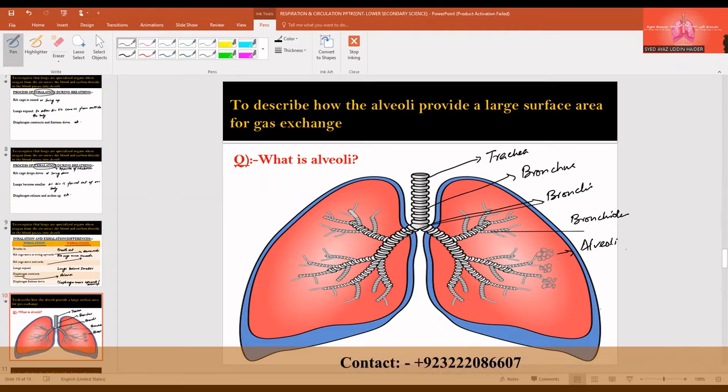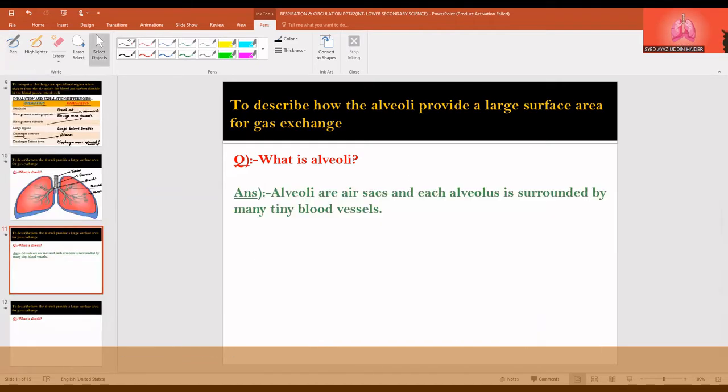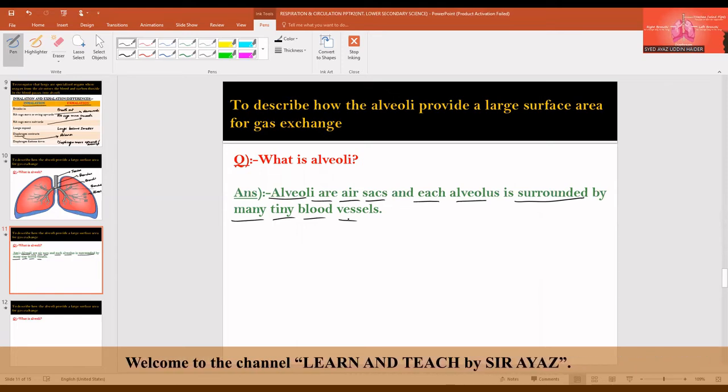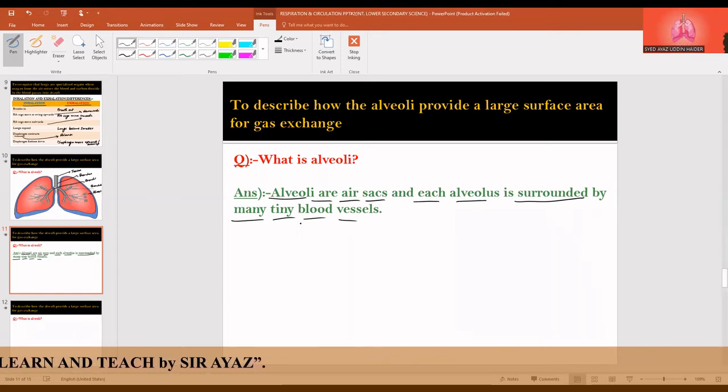So it's like a bunch of grapes. What is alveoli? Alveoli are air sacs, and each alveolus is surrounded by many tiny blood vessels called capillaries. These are capillaries.